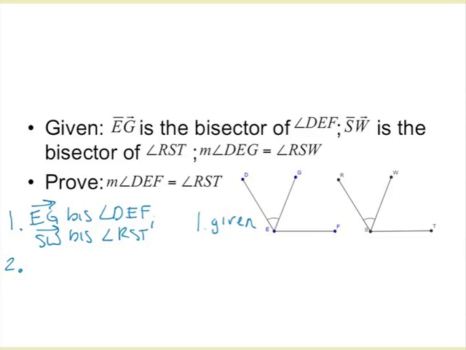So now I can ask myself, what does it mean to be a bisector? Well, we could do a definition of bisector here and talk about how we'd have equal angles. Or now that we proved this angle bisector theorem, we can actually use that as well. And that's what I'm going to choose to use here. I'm going to say that the measure of angle DEG is 1/2 the measure of angle DEF.